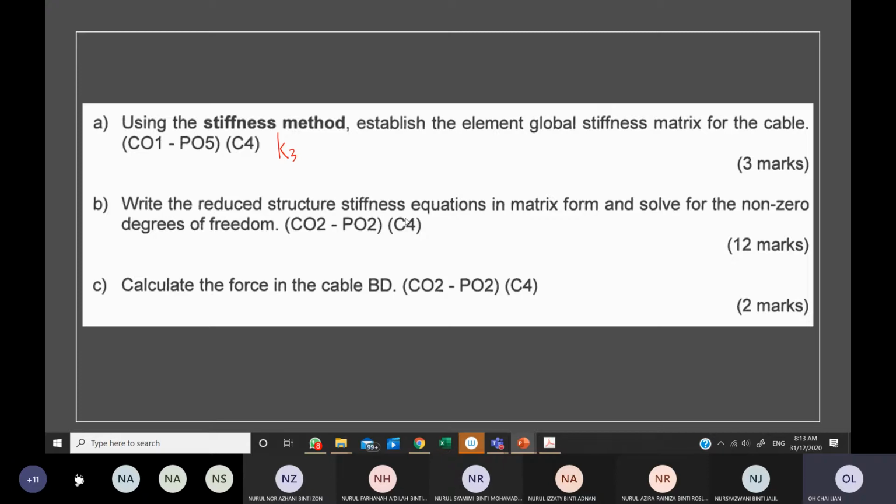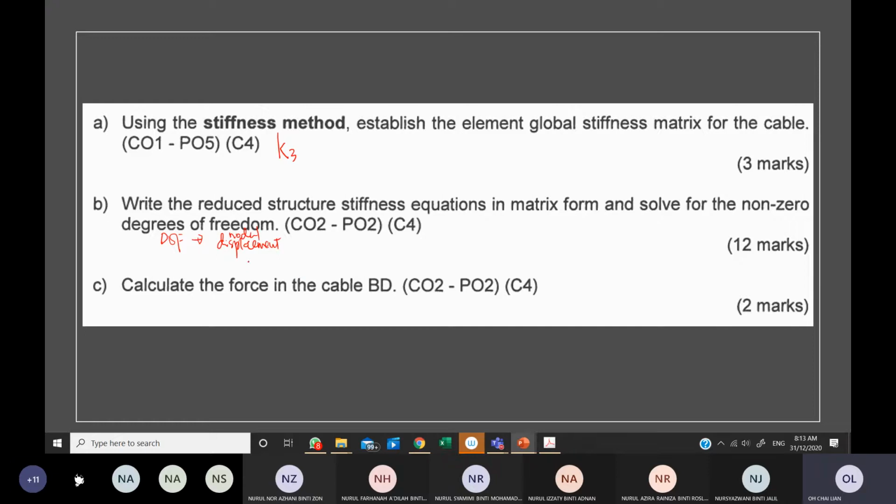Then write the reduced structure stiffness equation in matrix form and solve for the non-zero degrees of freedom. The non-zero DOF is also known as the permitted displacement, the nodal displacement.